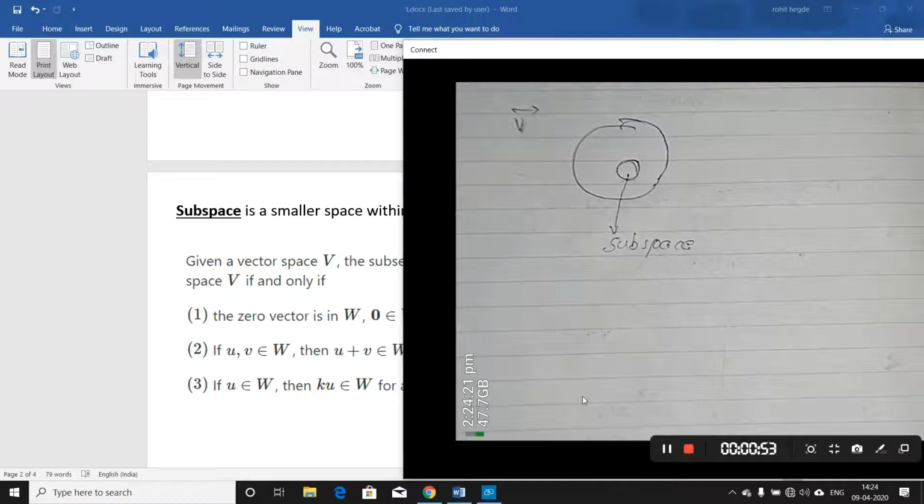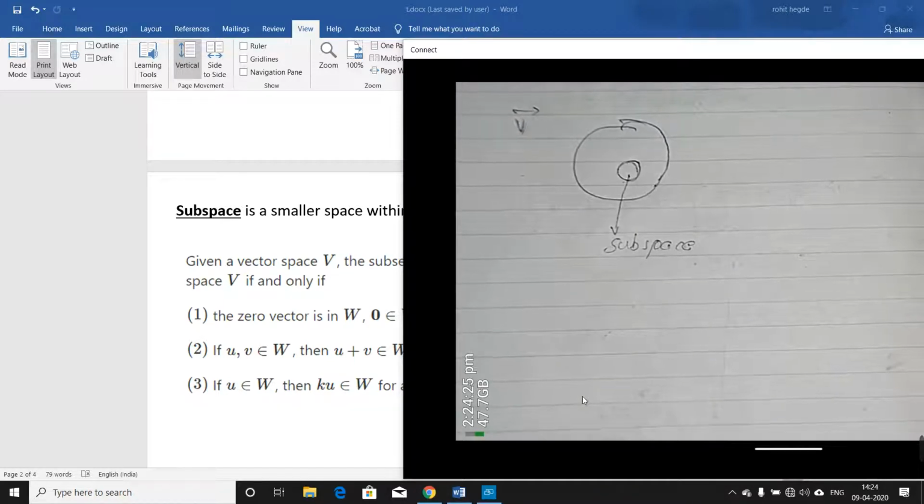In order to call the given set of vectors a subspace, it has to satisfy three conditions.